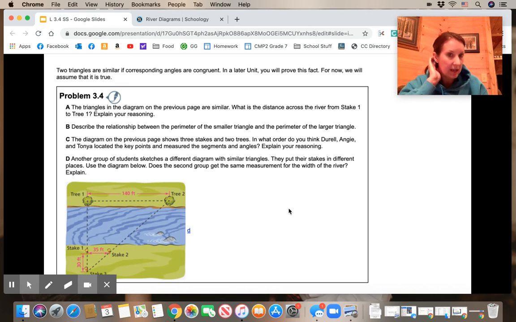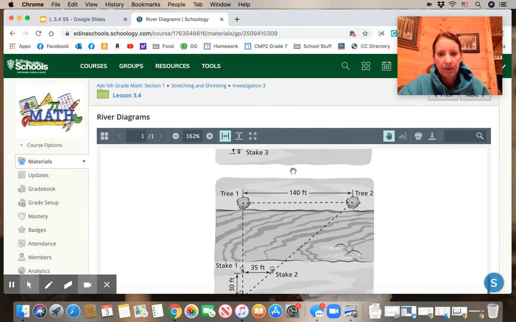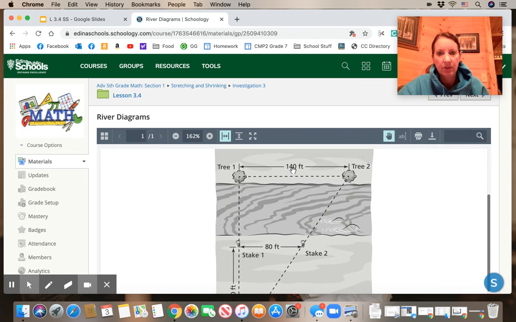Question D says another group of students sketches a different diagram with similar triangles. They put their stakes in different places. Use the diagram below. So it's the same river, is it the same river in the same distance? Yes, because the trees are 140 apart in both.